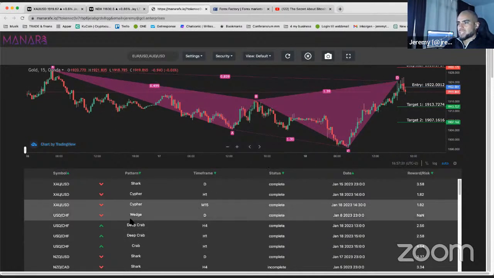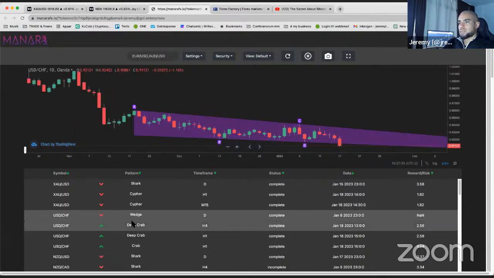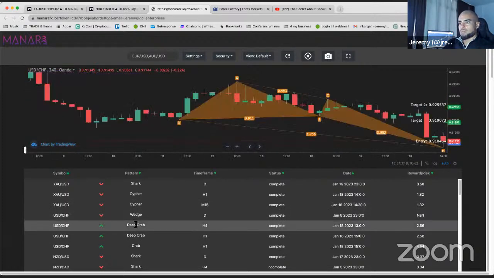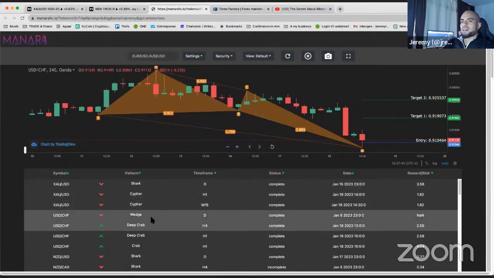But let's see if we got something that we can jump into now on the other currency pairs. No. What do we have? We have a deep crab here activated. Let's see. Deep crab at USD Swiss francs. Do we like this one?